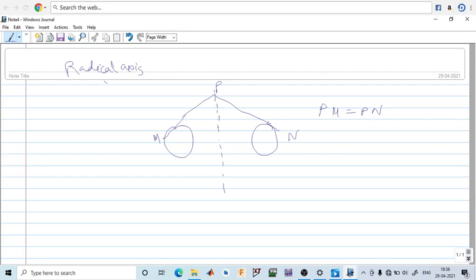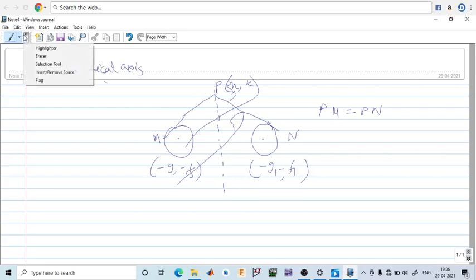So suppose this one is minus g, minus f, and minus g1, minus f1, these two are the center coordinates, and let us consider P is (h, k). So let's try to recall the distance of the tangent, what we have done.